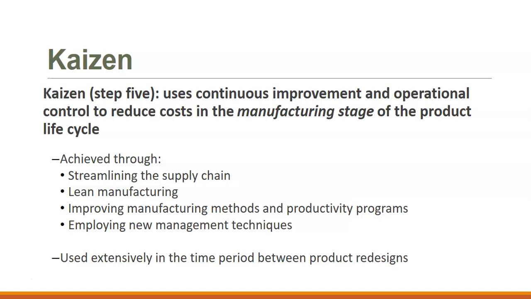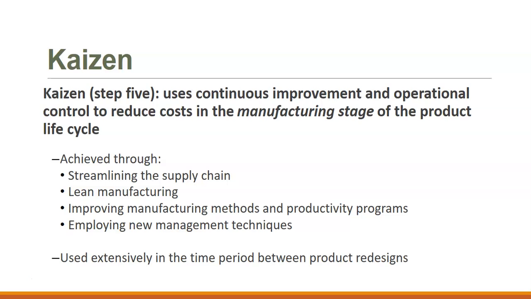Different ways that we can achieve that Kaizen continuous improvement are by streamlining our supply chain, using lean manufacturing, improving our manufacturing methods, productivity programs, changing our factory layout to reduce our manufacturing cycle time, using different management techniques.